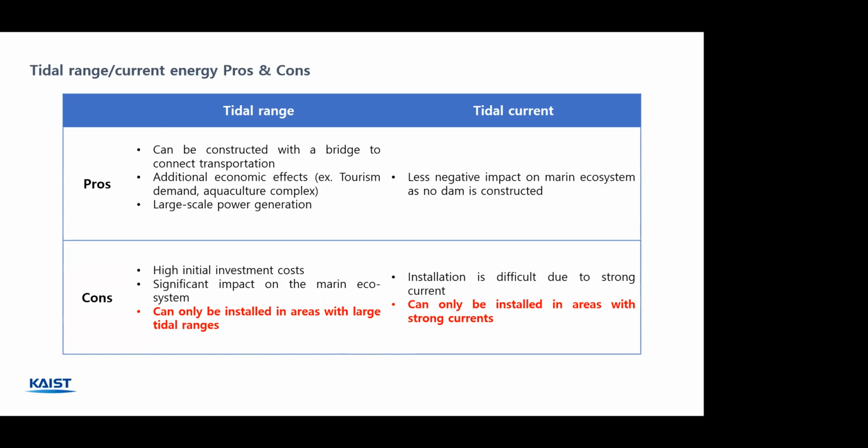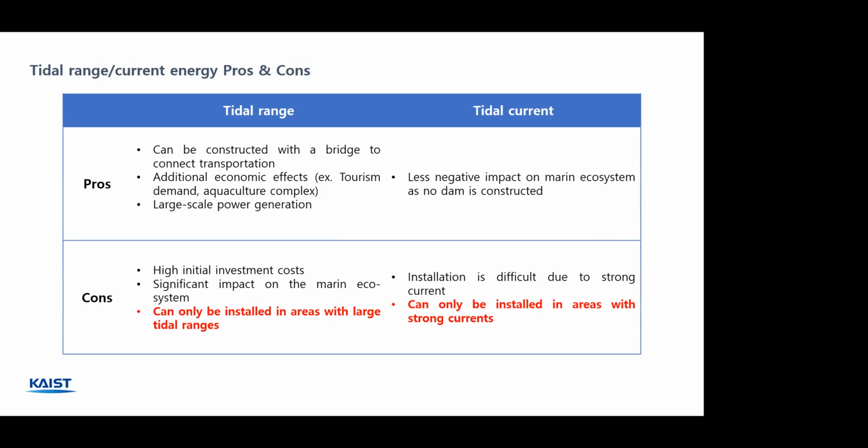Tidal range can be constructed with a bridge to connect transportation, and it can create additional economic effects such as tourism demand and an aquaculture complex, and it can provide large-scale power generation. But it needs high initial investment costs and can have a significant impact on the marine ecosystem.